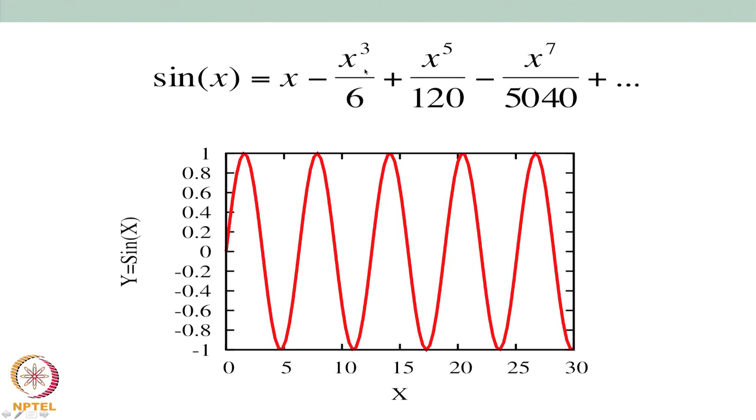If we plot this many terms and sum this and plot it, you will get this oscillatory function like this. So when x is 0, you can see that all terms will be 0.